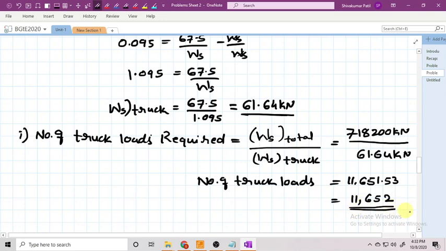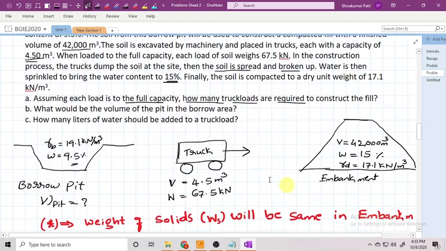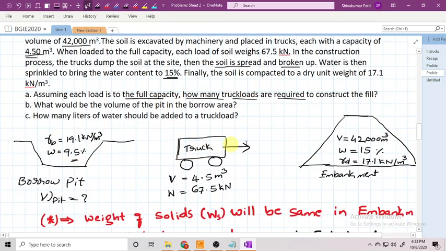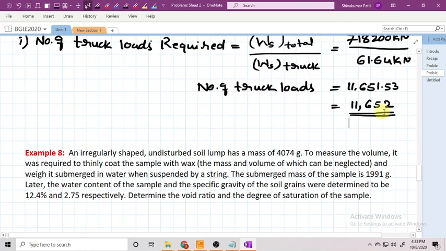That means 11,652 times it should carry to build this big embankment. If only one truck is going, it should go 11,652 times.